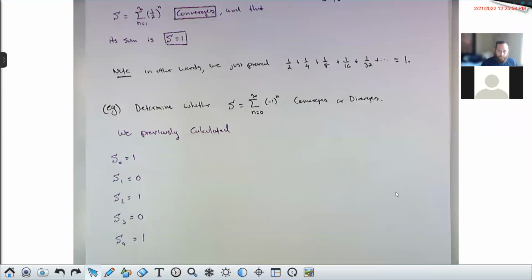Finding a formula for the nth partial sum here is a little trickier than what we did with the last one, but I'll still do it for you. But you don't even need a nice algebra formula for this. Remember, what we're trying to do is take the limit as capital N goes to infinity of Sn. What is that limit?